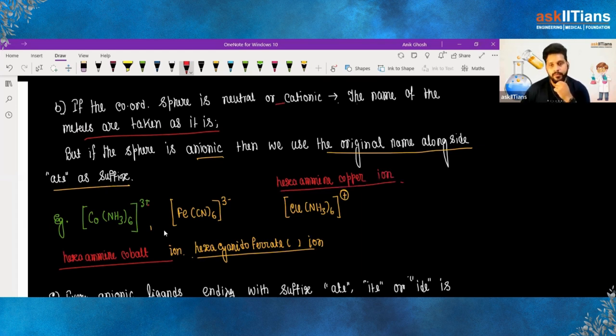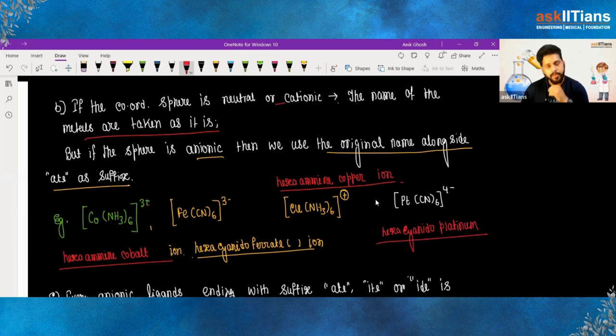Let's say we have another complex, Pt(CN)6 4-. What is going to be the naming of this compound? Hexacyanido platinum.